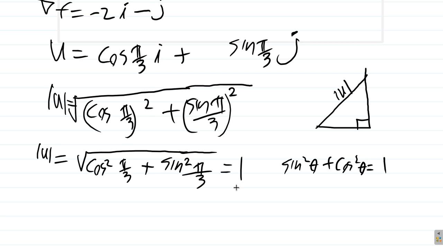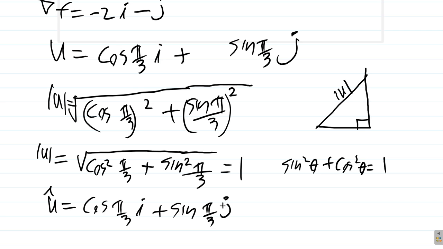We don't have to do as much work as I was considering before. So u, the unit vector, is the same as the vector cos(π/3) i plus sin(π/3) j.